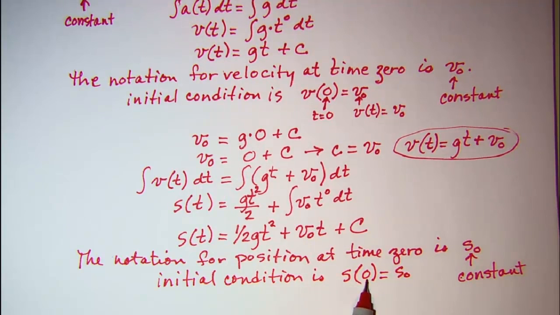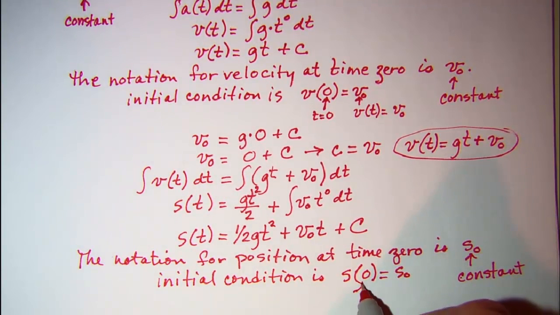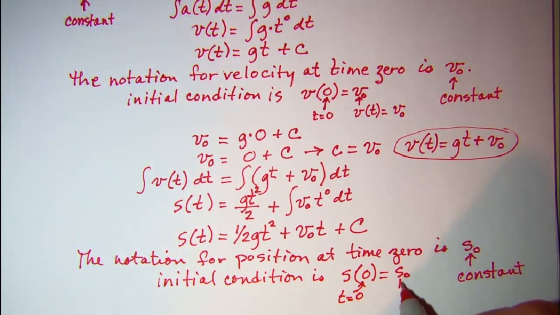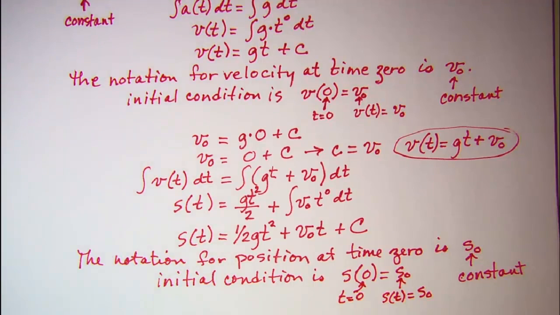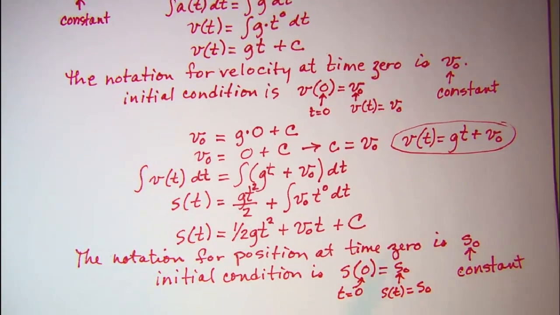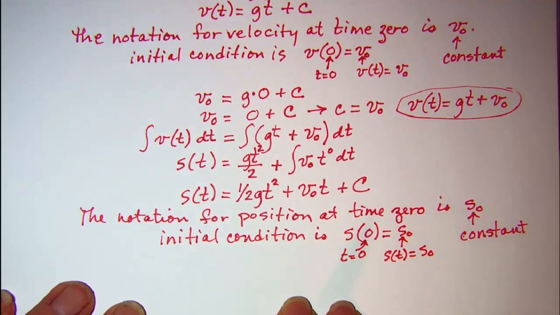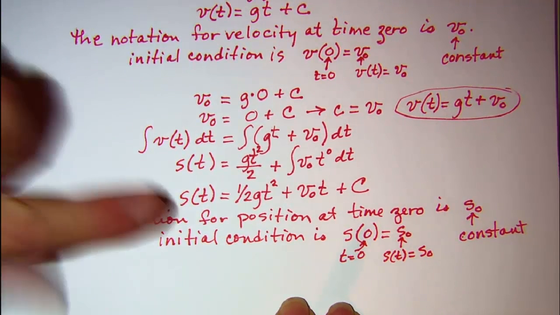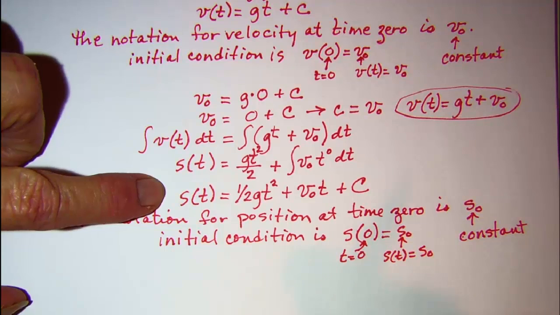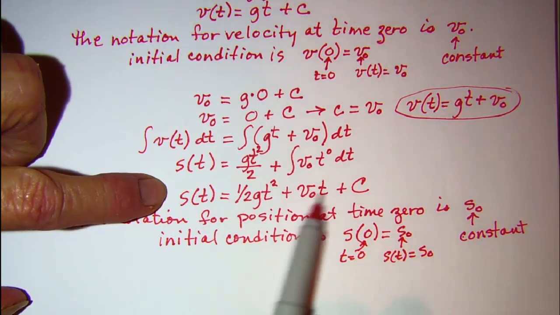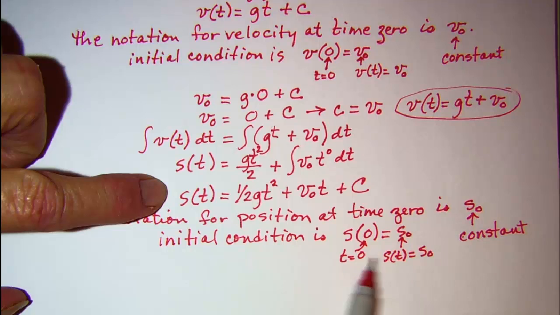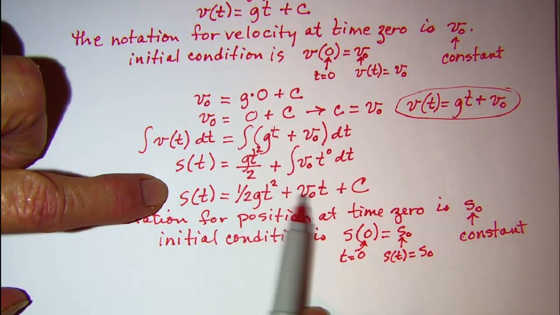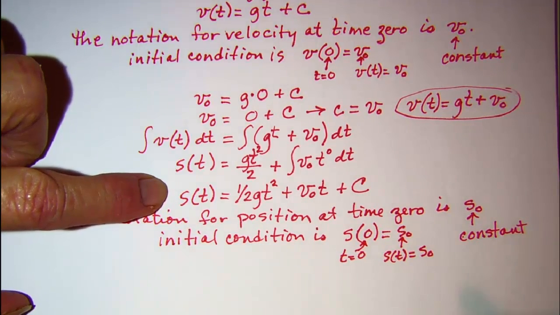So that means when t is 0, s of t is s sub 0. So now we can sub into our position function. This is our general solution. So we're going to sub these values into our general solution to get a particular solution.